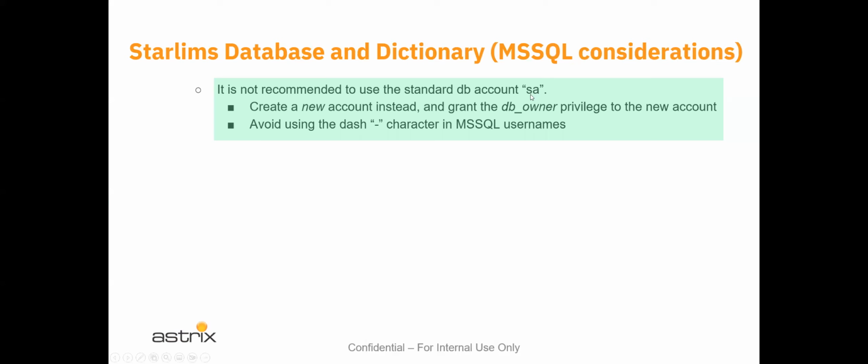So that goes by the wayside immediately if you stop using SA. So create a new account when creating an instance on database for the application server, and grant all of the DB owner privileges that would normally be part of SA to the new account. And it may be kind of detailish, and it'll all make sense later on, but avoid using a dash character in any of the SQL usernames.